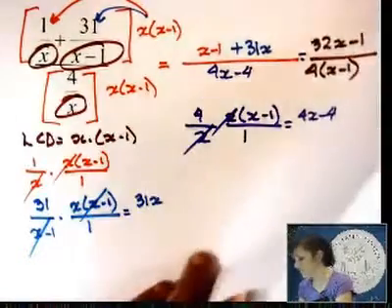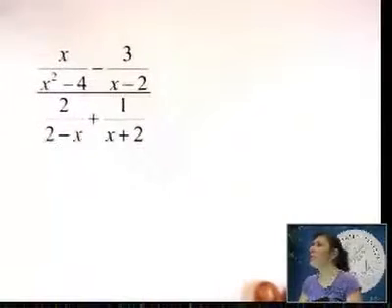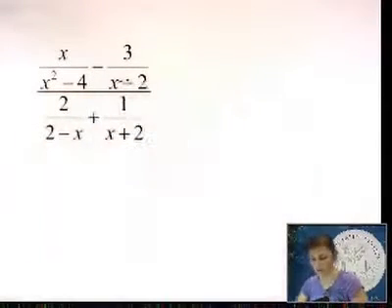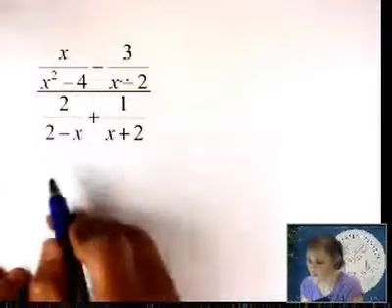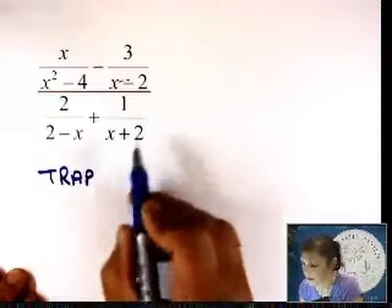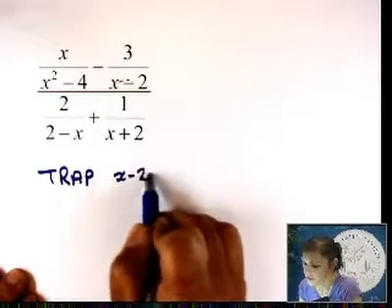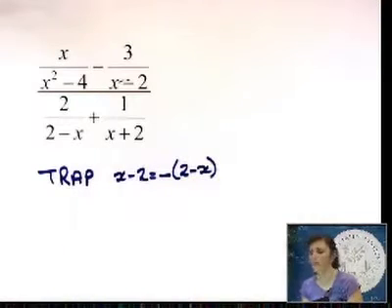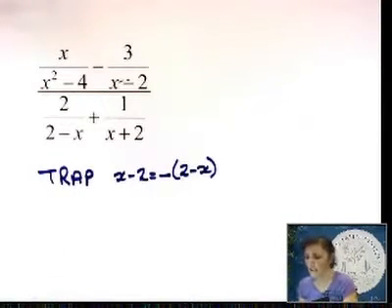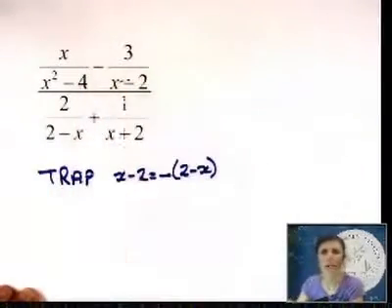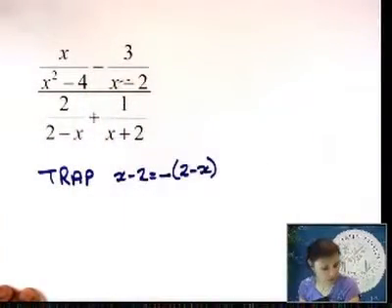Alright. A little bit more complex, and then I did that trap here. So here's a trap. Let's write it down. Trap. x minus 2 is negative 2 minus x. They are off by a negative, remember? Okay, now, I'm not going to worry about their order, but I'm going to worry about the negative positive.